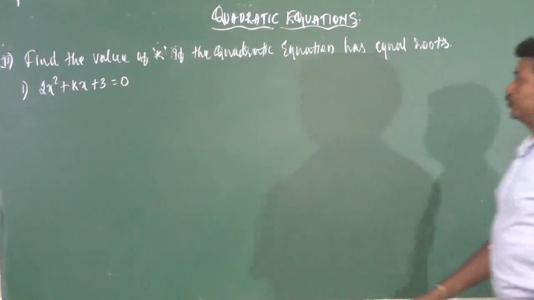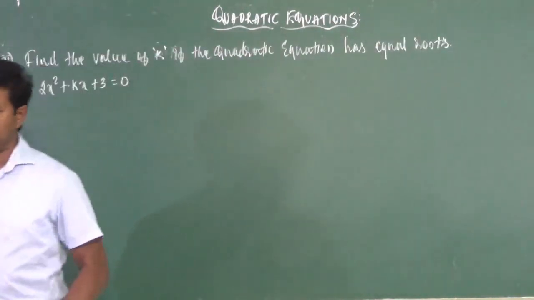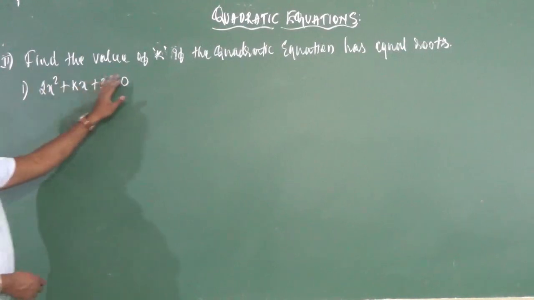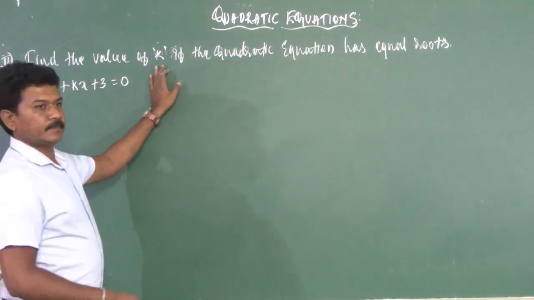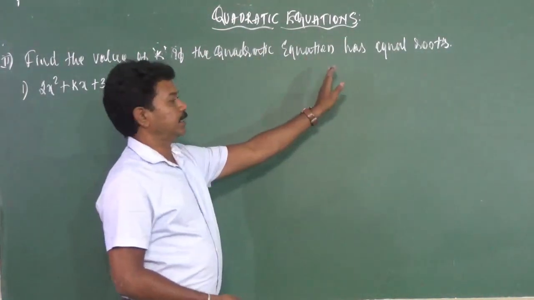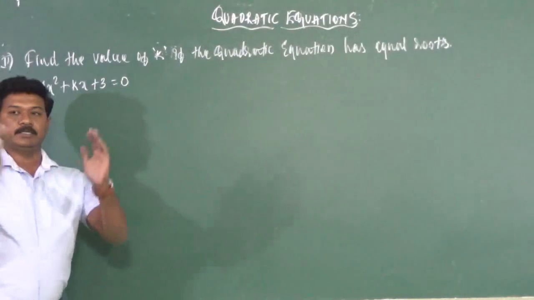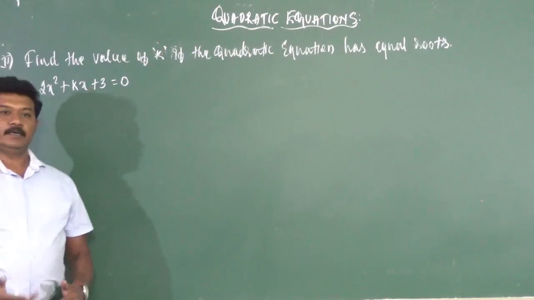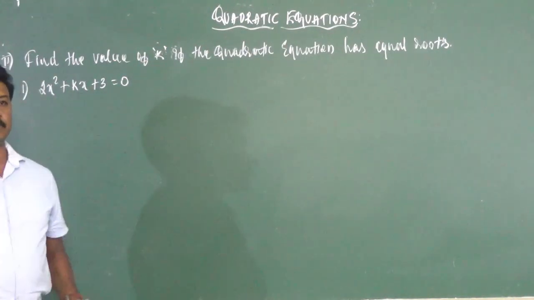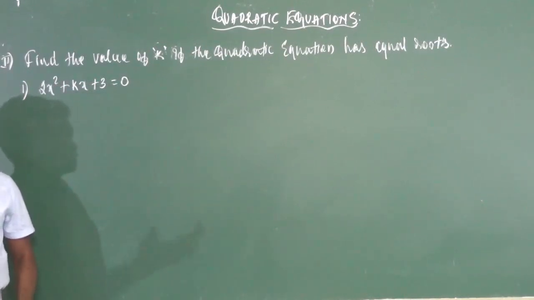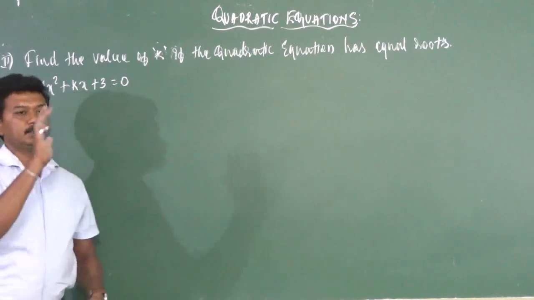Okay, let us now get into a different type of problem based on the discriminant of a quadratic equation. Find the value of k. K is unknown. You have to find the value of k in the quadratic equation which has equal roots. Just imagine a quadratic equation ax square plus bx plus c is equal to 0 that already has equal roots, meaning its discriminant value is already equal to 0.